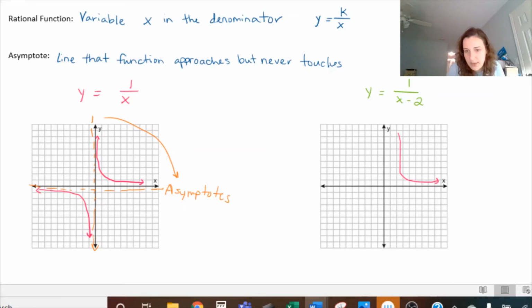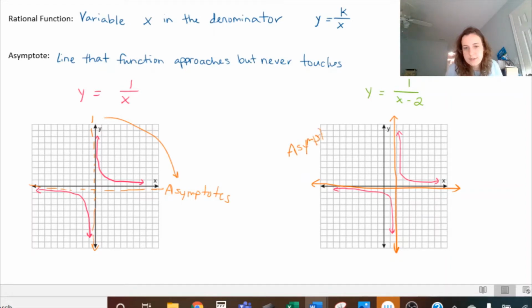So whatever you add in the denominator is going to shift your asymptote over, okay? Like this, something like that. And so let me draw those asymptotes again. This time it's going to be at x is equal to 2 here. I'll draw them thicker so that you can see them, okay? And these are the asymptotes here.